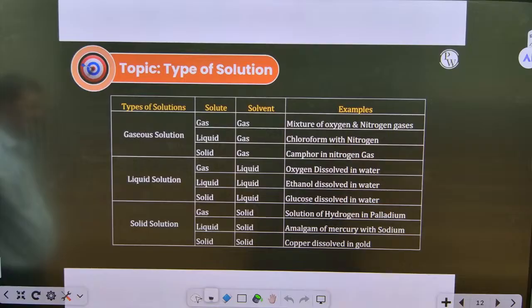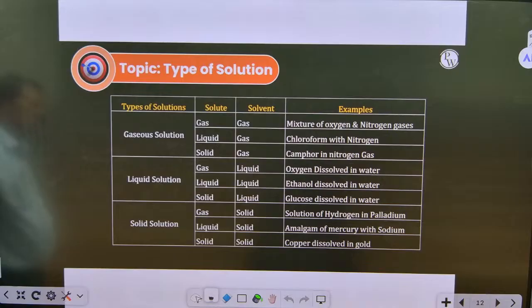ethanol dissolved in water, solid in liquid, glucose dissolved in water, and gas in solid, solution of hydrogen dissolved in palladium, that is called occlusion, and liquid in solid, amalgam or mercury with sodium. Solid in solid is what? Alloy.